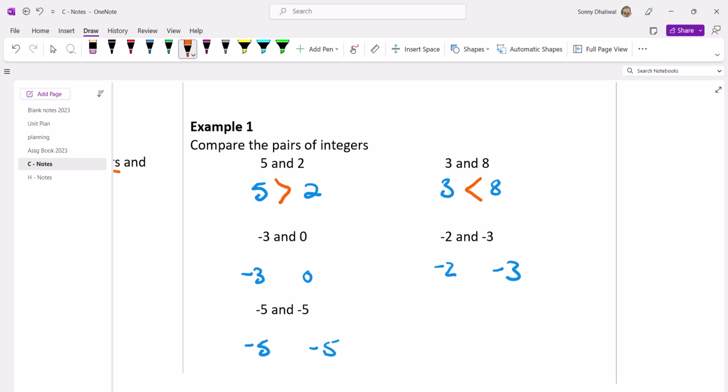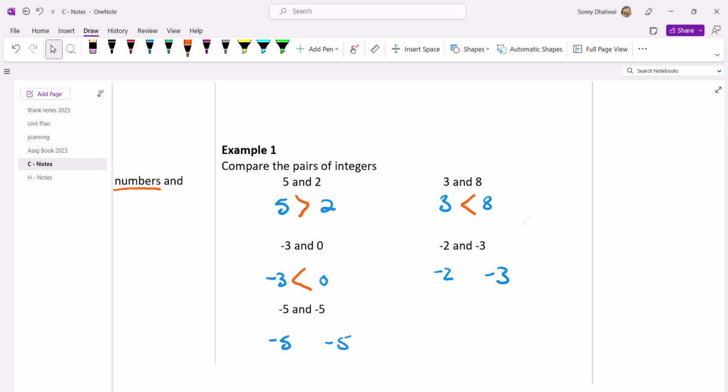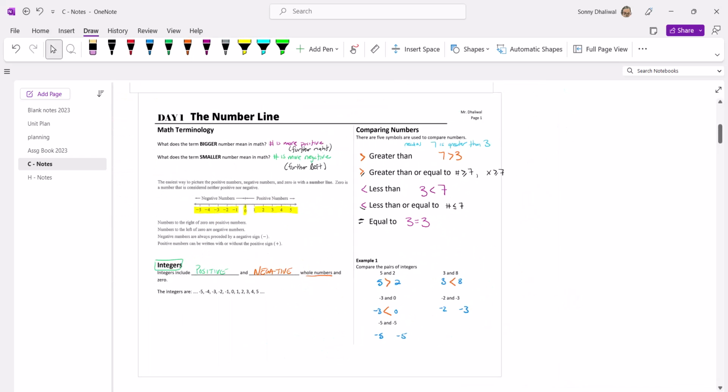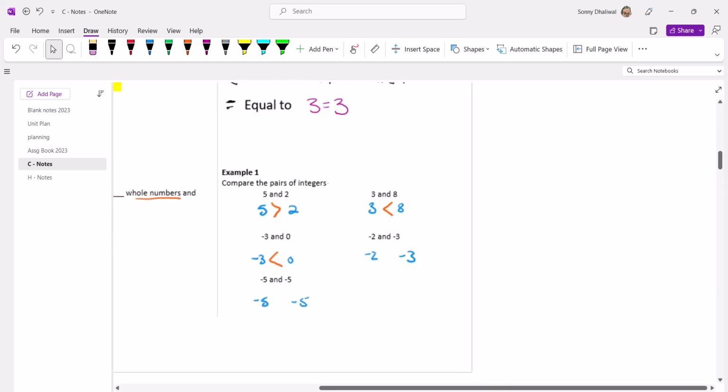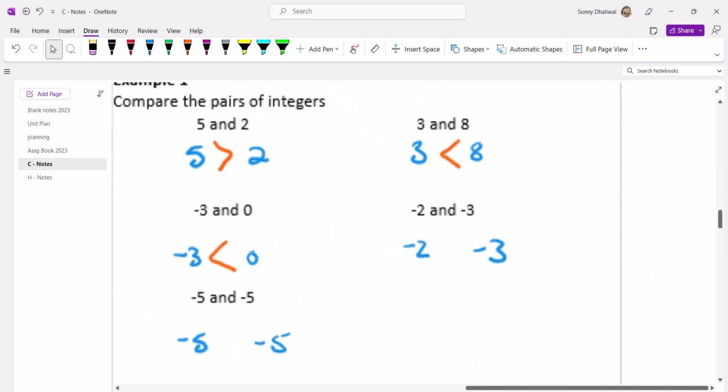-3 or 0. Where does the mouth open up towards? What page are we on? Page 1. 0. We're in the bottom right-hand corner of page 1. Looks like that. All right. -2, -3.